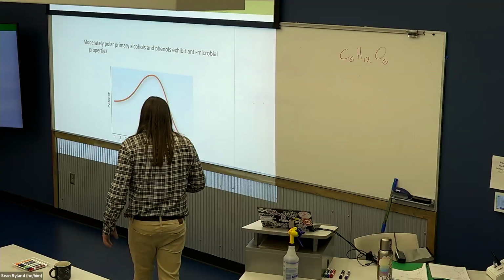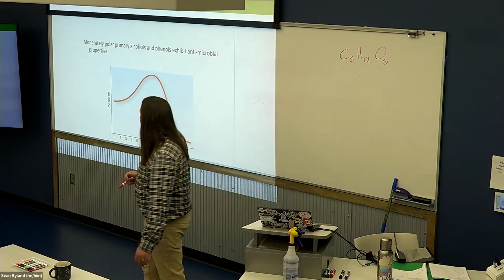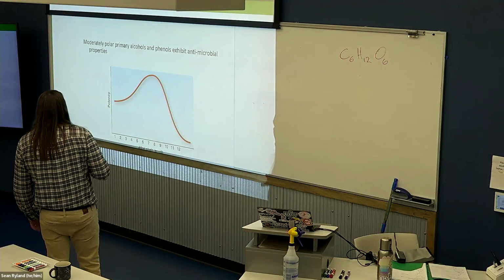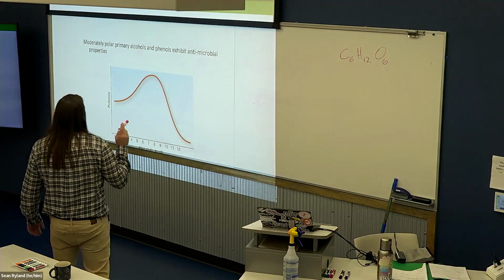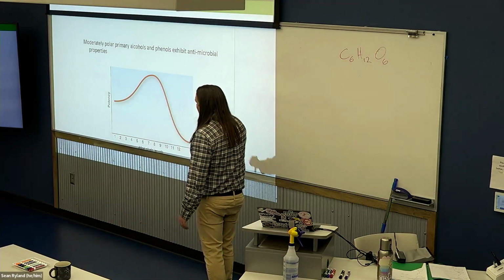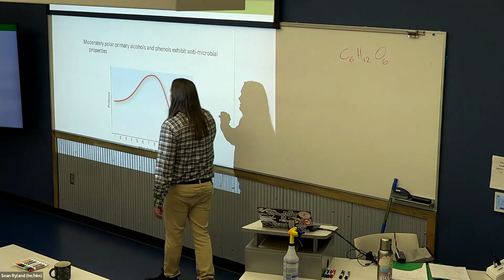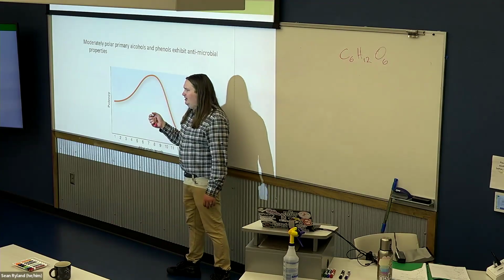The most common place we see alcohols is in sanitizing mix. Because they have these antimicrobial properties, basically because we can add alcohols in large amounts and it changes the polarity of the water.